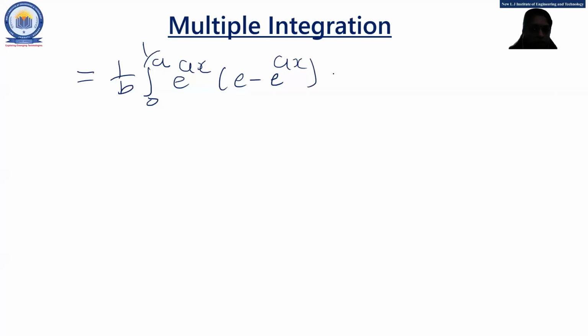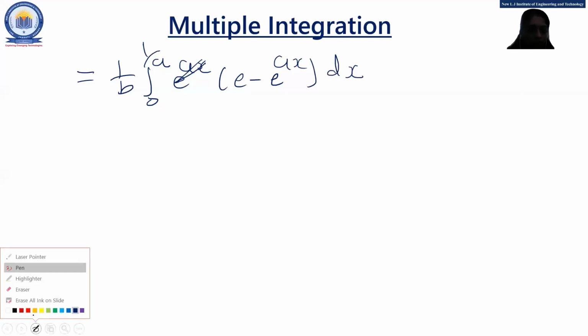After simplification, you may check by yourself, right? And after the integration of this term, it will be cancelled. After simplification, this, sorry.